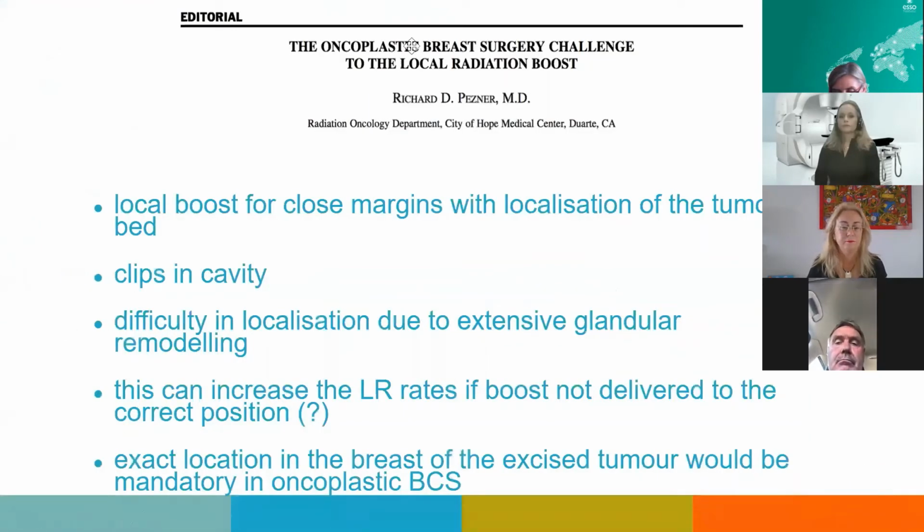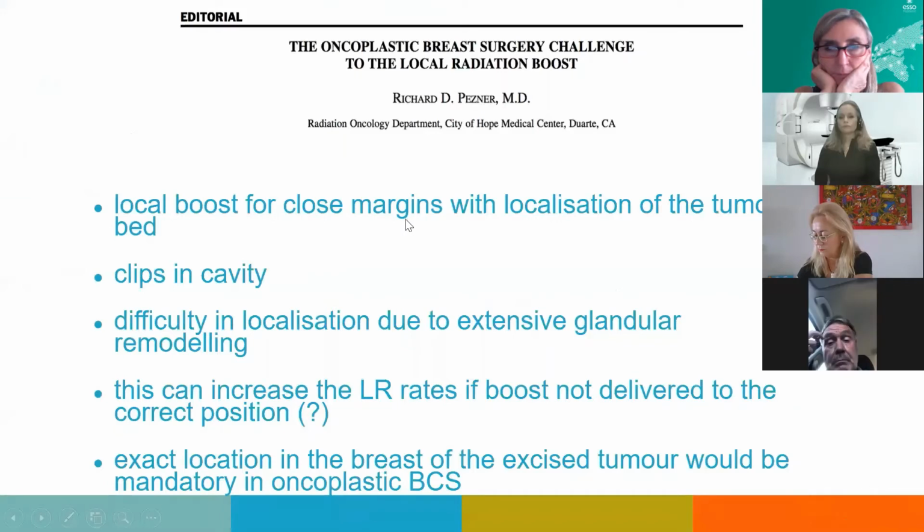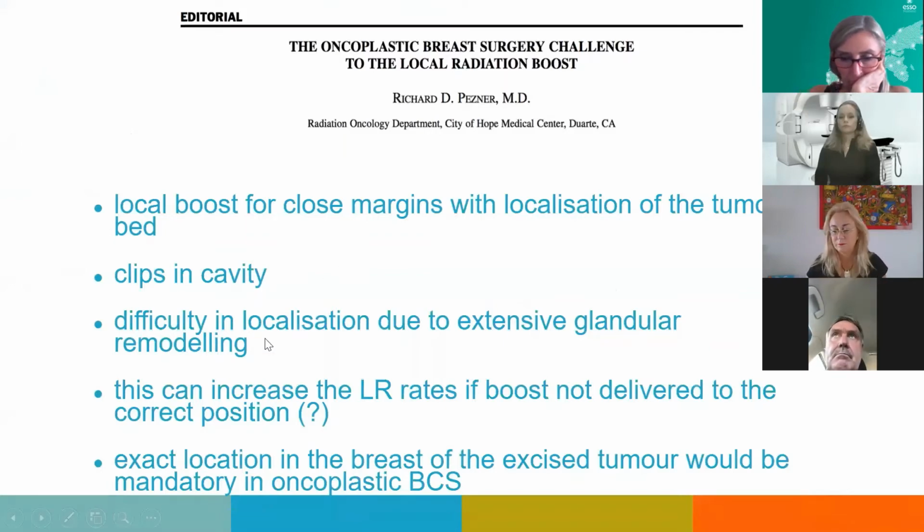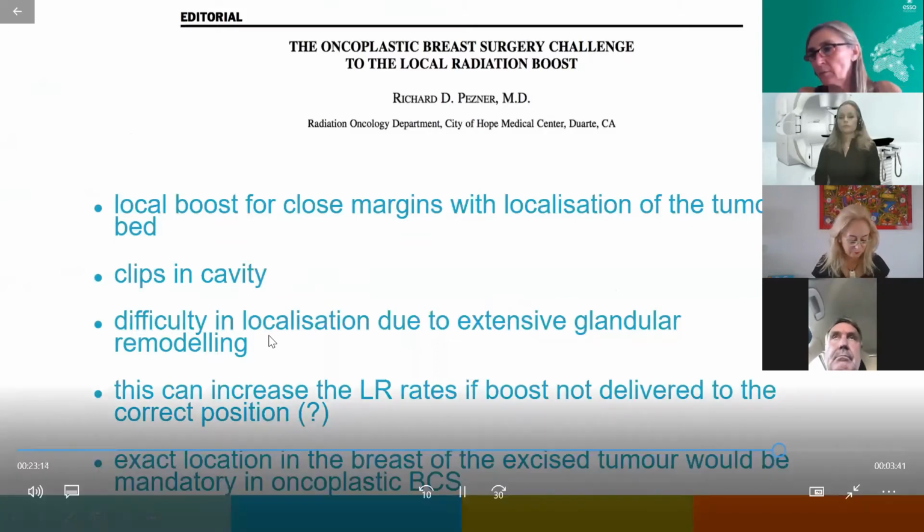And the challenge for the radiation oncologists is when there is an inappropriately or poorly marked tumor bed, because the local boost for close margins has to be given to the area where the tumor was before, and the exact localization is crucial, with insertion of clips in the cavity in order to know exactly where the boost has to be delivered.